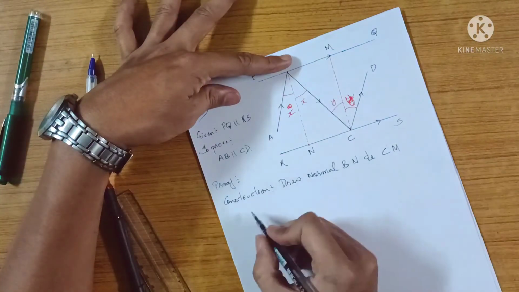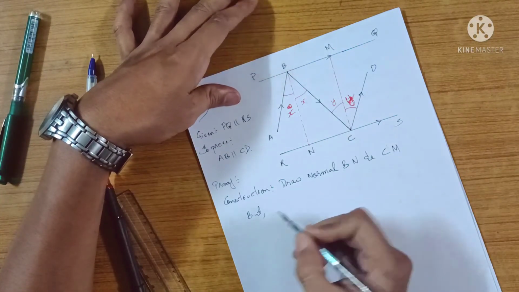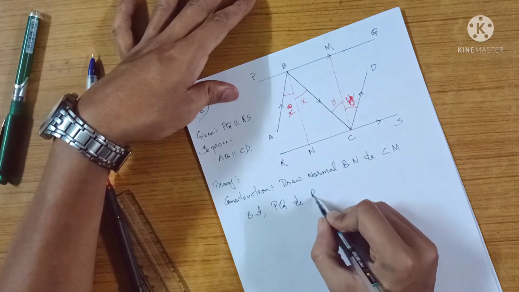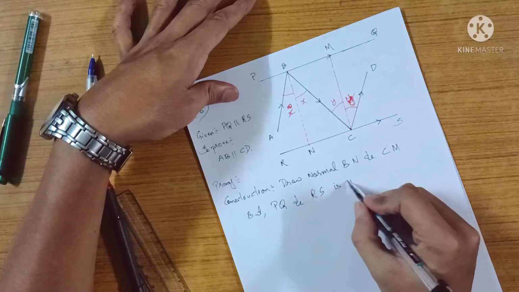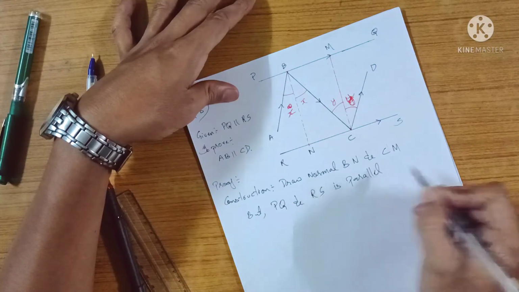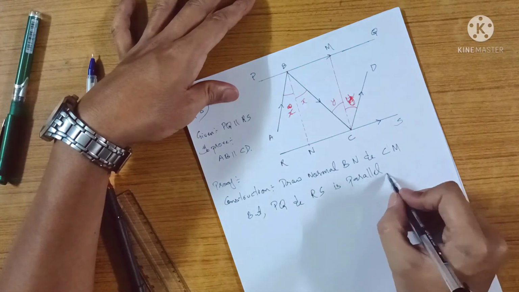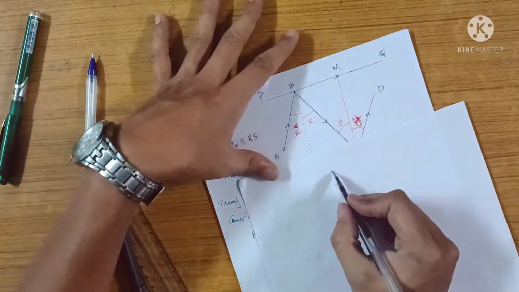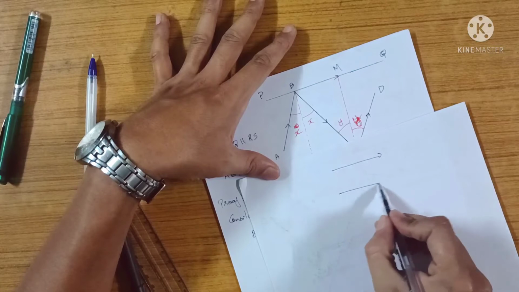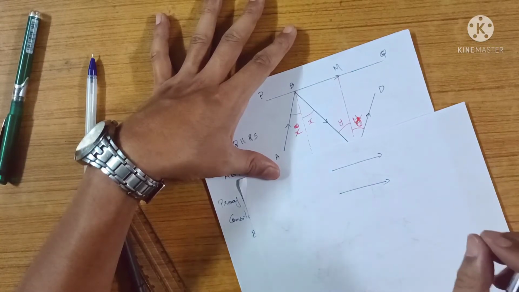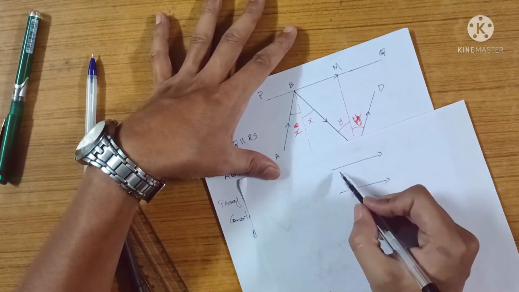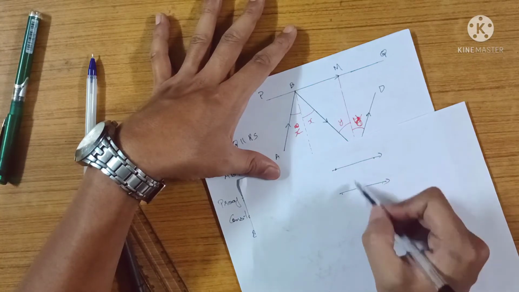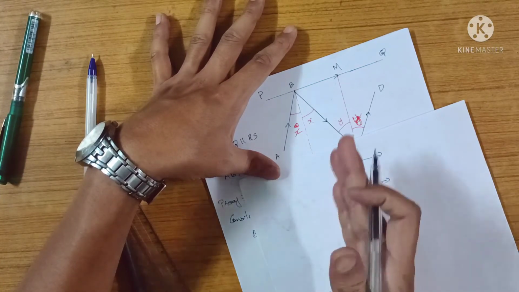So after construction you're going to write, but PQ and RS is parallel, which is given in the question, right? So see, next concept you have to know is, if these two lines are parallel, it literally means that the distance between this and this will always be same no matter where you calculate from.